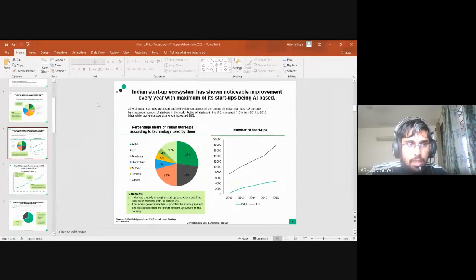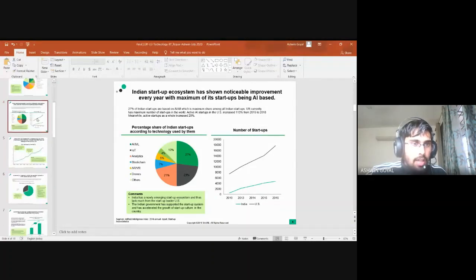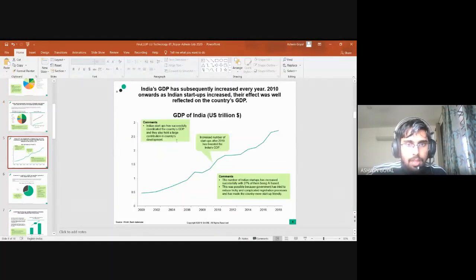In each slide you can see that there's one message, and all of this is the evidence proving that message. There's a lot of data and a lot of charts. It's very visual, and the theme also. The theme for all of this is mostly green, so you'll find a lot of use of green color.